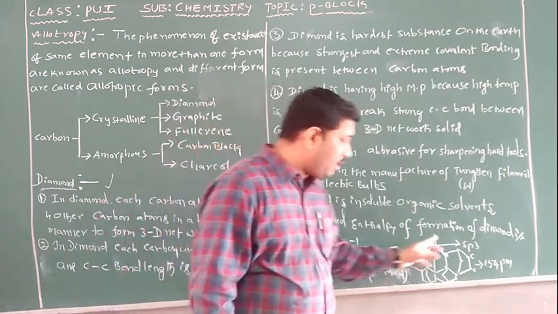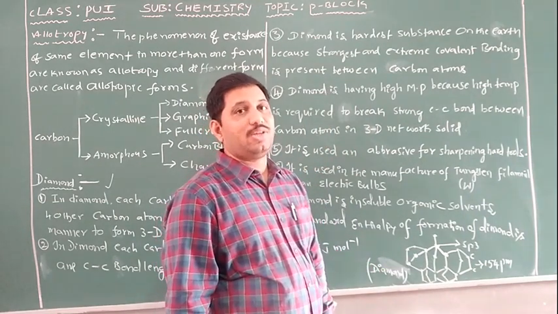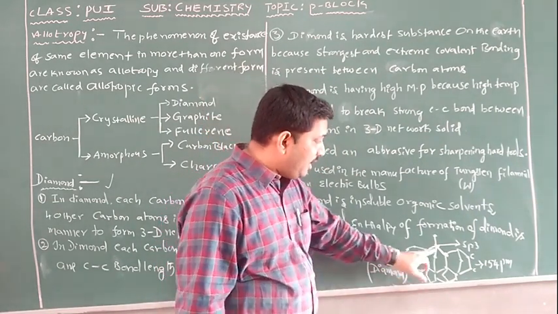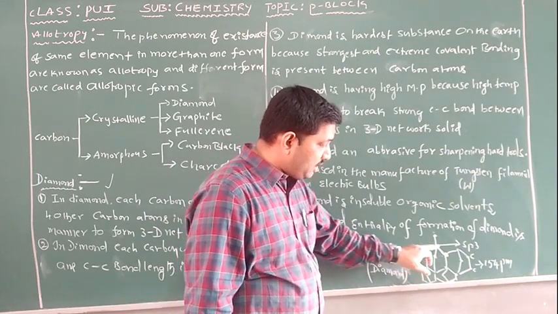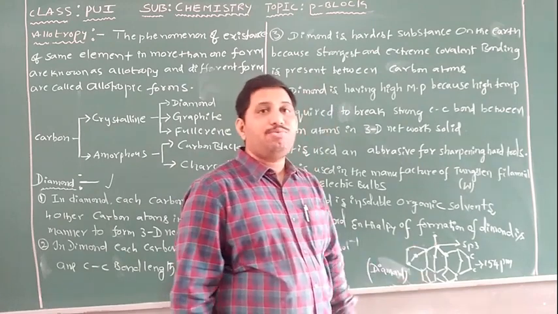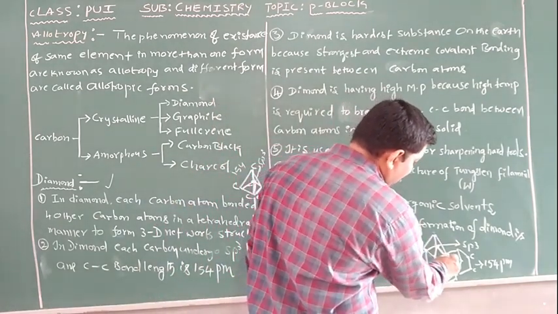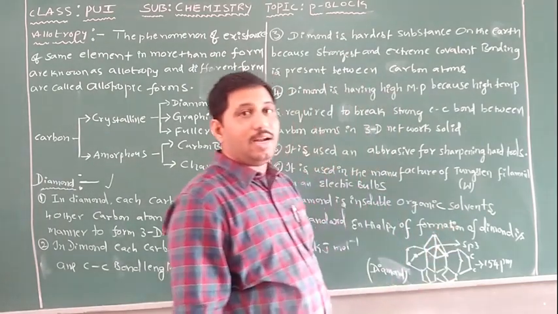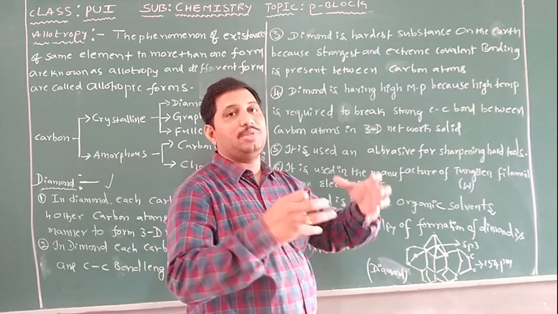Let us observe the rough diagram of the diamond structure. In examination, they are not asked, not important, but roughly in diamond, each carbon atom is bonded to four other carbon atoms in a tetrahedral manner to form a three-dimensional network structure.